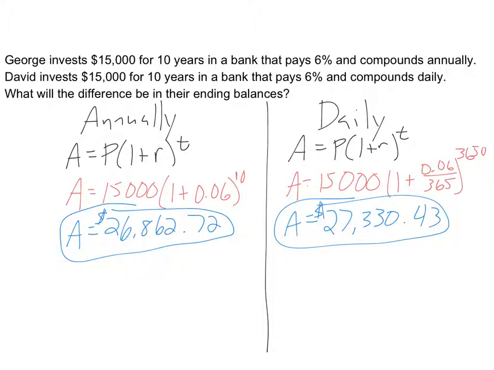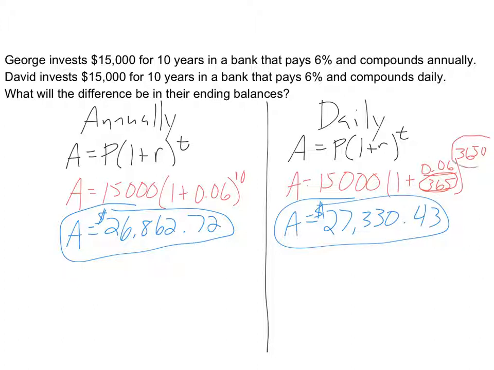So for annually, our equation should have been 15,000 times 1 plus 0.06 raised to the 10th, and we would have gotten a total of $26,862.72. For daily, the difference here is when we take our interest rate, we divide it by the number of compounding periods a year, so it would be 0.06 divided by 365.